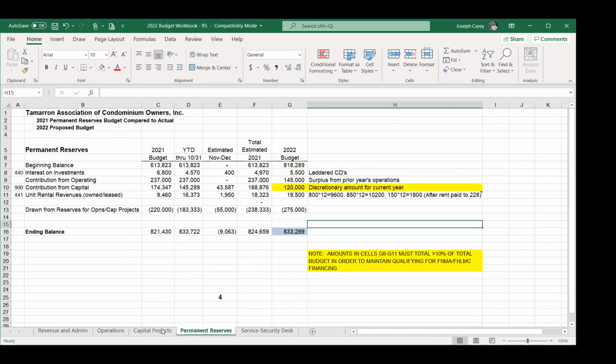So let's go to permanent reserves. Well, I'll just make some commentary on this. The beginning balance this year was 618,000.